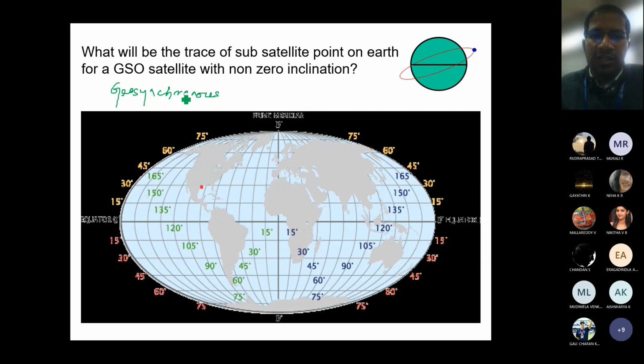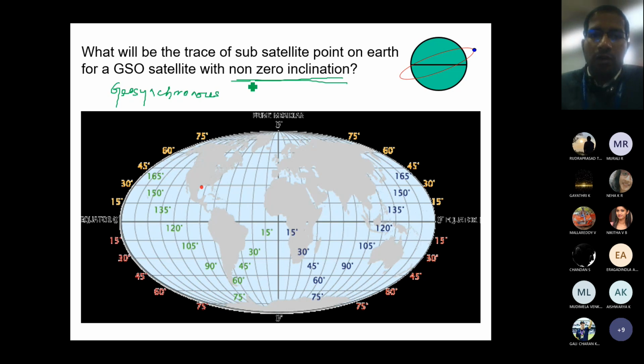GSO satellite means a geosynchronous satellite with non-zero inclination. Okay, so try to understand. It is a geosynchronous satellite with non-zero inclination. If I say zero inclination, it will become a GEO satellite, that means a geostationary satellite, because geostationary satellites have 0° inclination with respect to the equatorial plane.